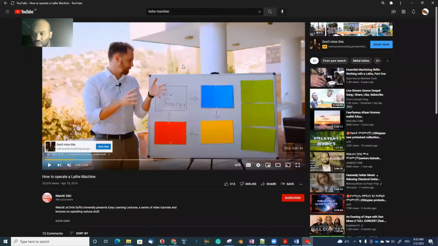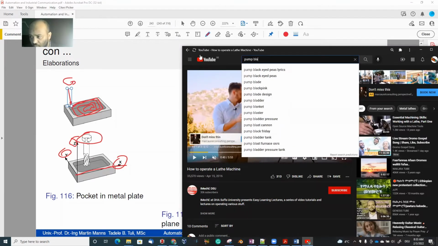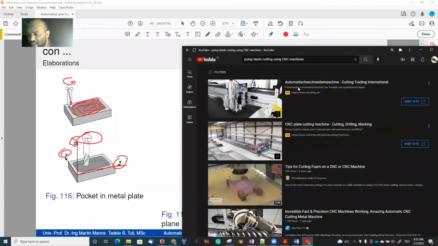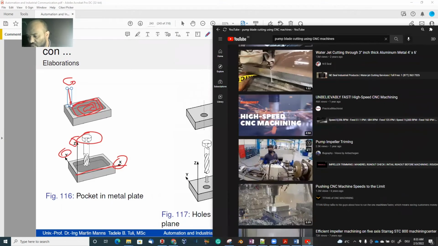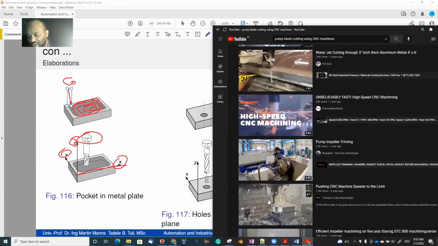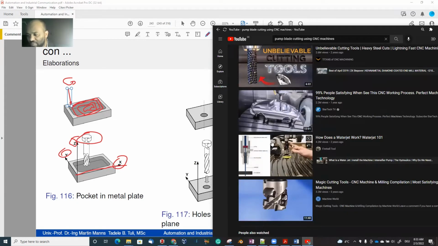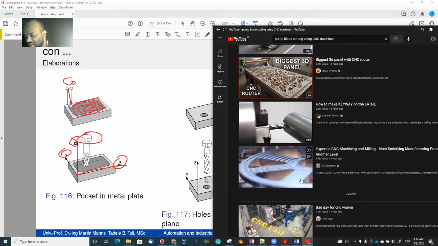Maybe we can check it on YouTube. In such operations, you have very complex geometry, and to perform it you need very good tool path plans, and these tool paths are really not easy.